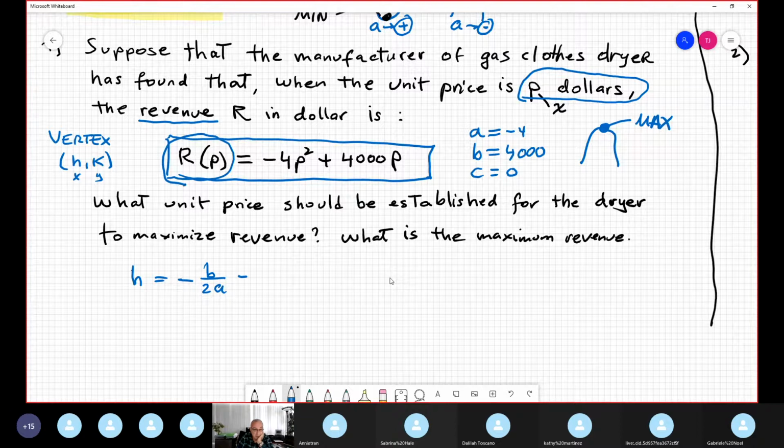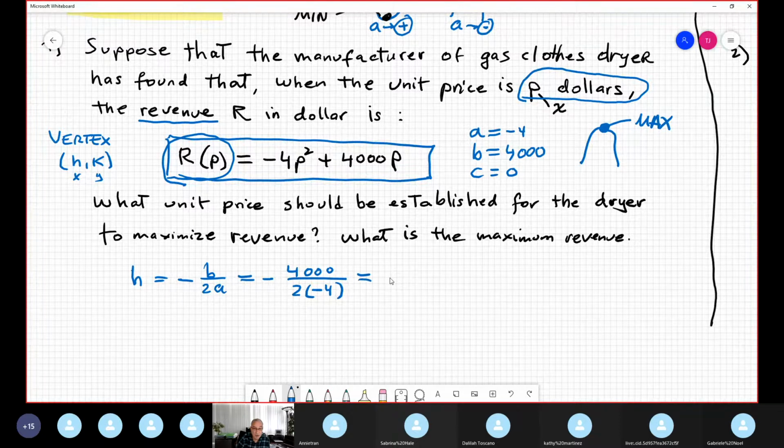Okay, then minus, remember the formula contains minus, B is 4,000 divided by 2 times A, which is -4. Be careful with the signs, because we have a double minus, no? Double minus becomes positive.